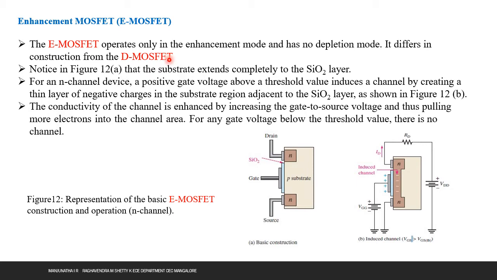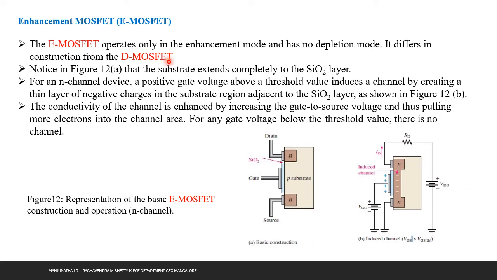From the beginning we know that FET basically has two different types, JFET and MOSFET. What is the difference between the JFET and MOSFET? JFET has a PN junction structure, but MOSFET doesn't have the PN junction structure. So that is the difference between JFET and MOSFET.